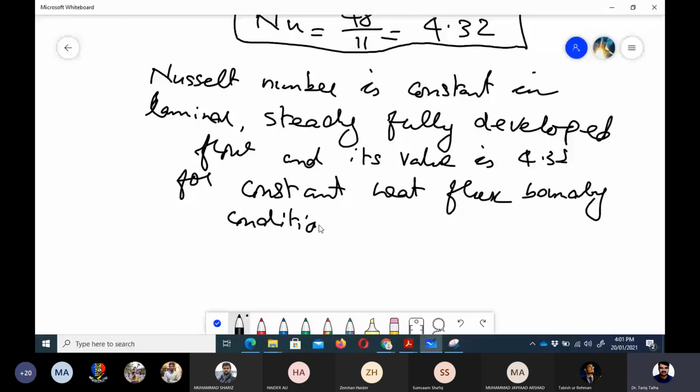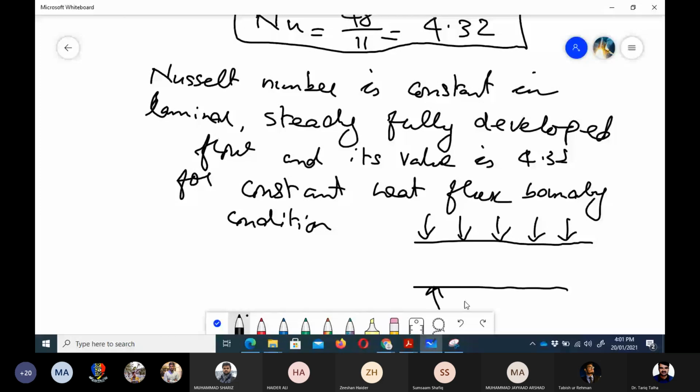So we are talking about laminar steady flow on which we have some flux coming on its surface.